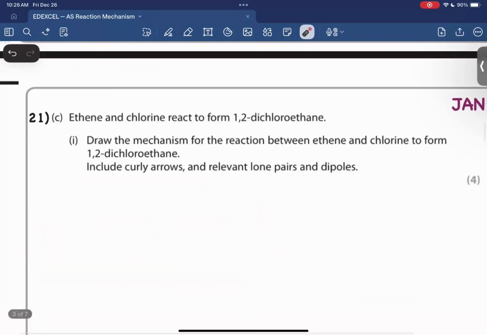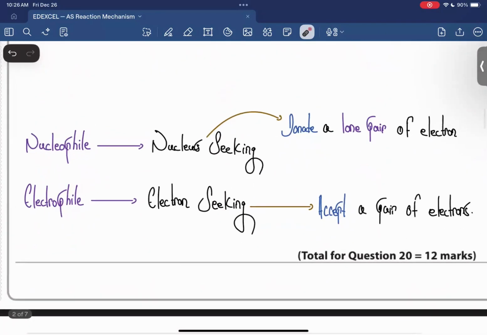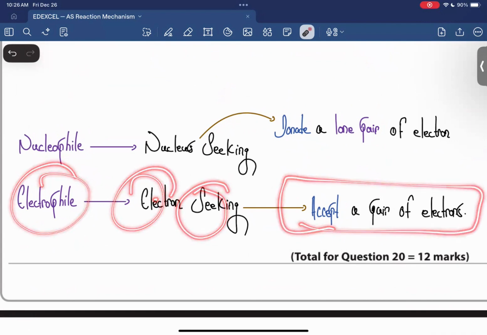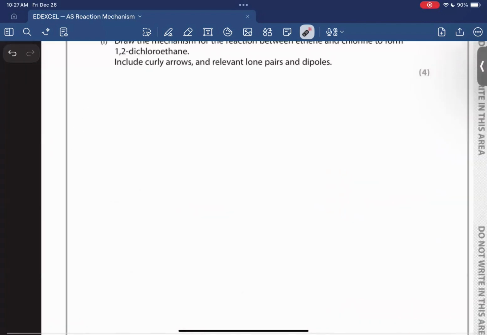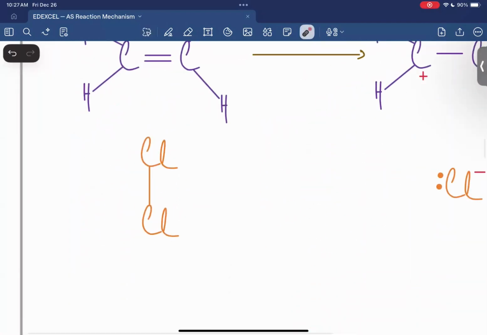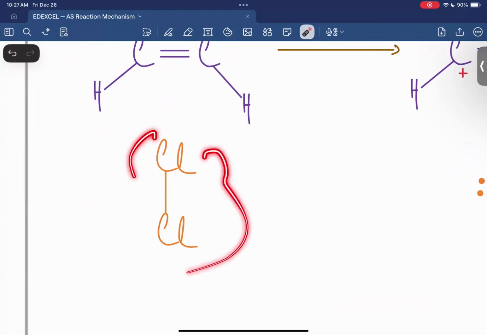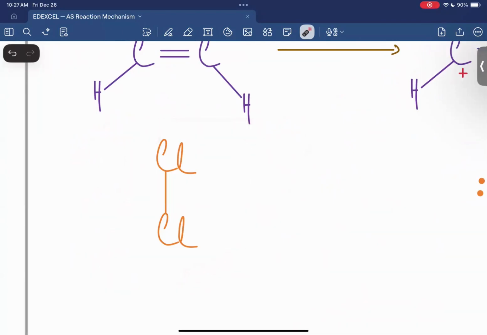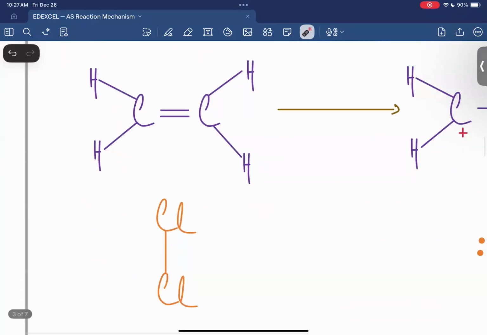What basically is an electrophile? Electron seeking and can accept a pair of electrons. So first of all, this is the electrophile.